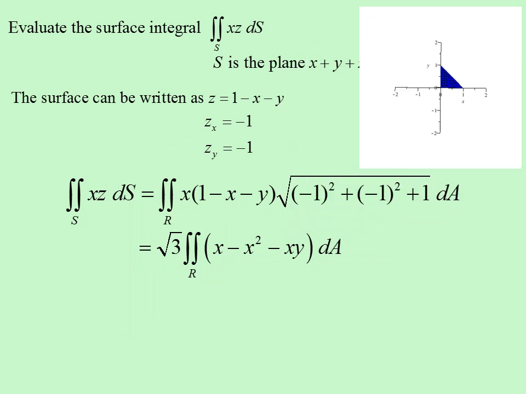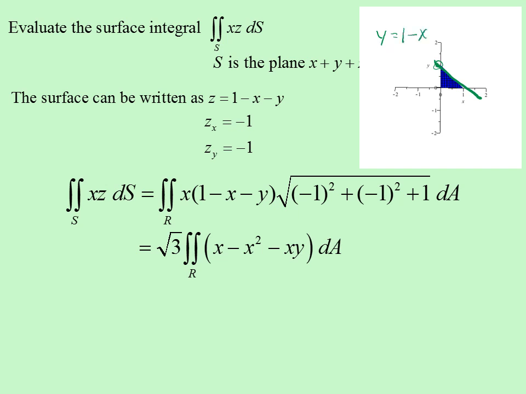So here is the surface looking down from above onto the xy plane. And what we see is a straight line crossing the y-axis at 1 with a slope of -1. That would be y equals 1 minus x.